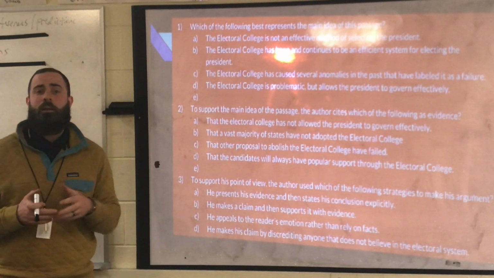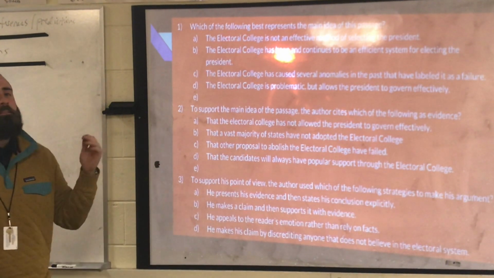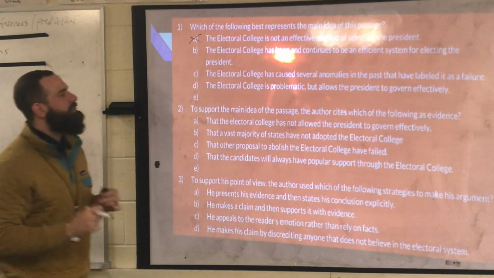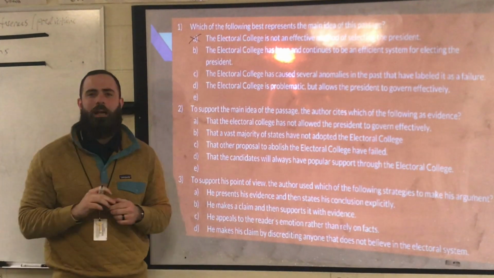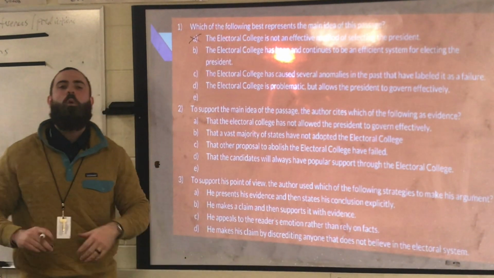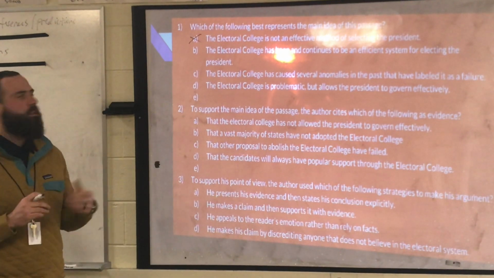Now, I always want to, if we remember from last time, try to eliminate answers. So the first one that stands out that I can get rid of is A. The Electoral College is not an effective method of selecting the president, because right in that first sentence and throughout the paragraph, it's talking about why it is an effective method to select the president.